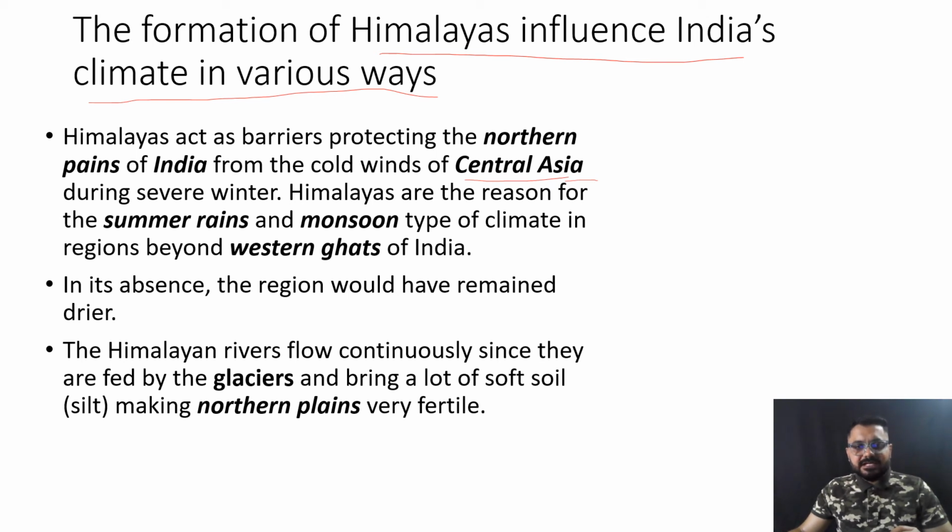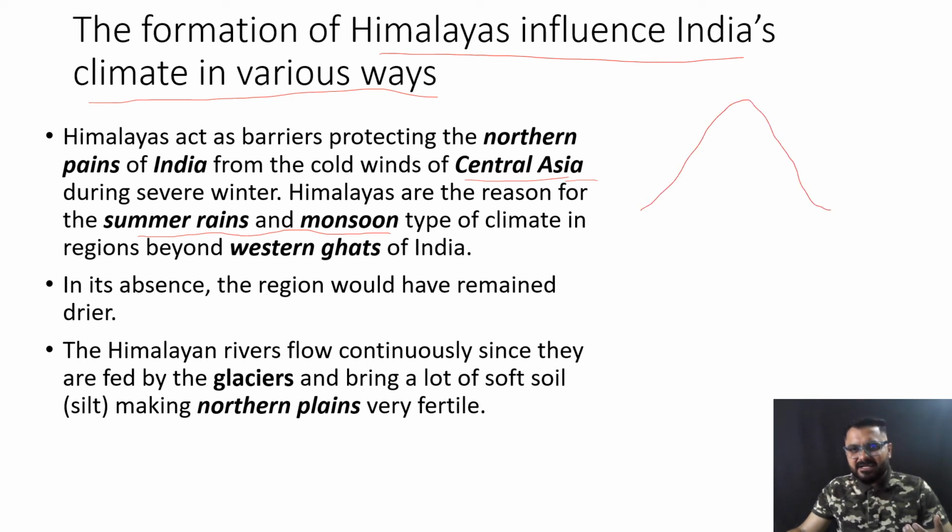Himalayas are also the reason for summer rains. The reason why we have summer rains and monsoons is because these Himalayas stop the clouds from going to the Tibetan plateau. Okay, so you might have heard about windward and leeward.